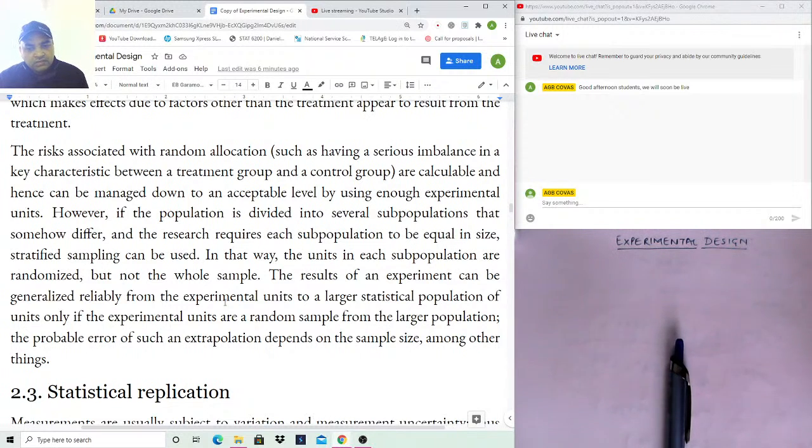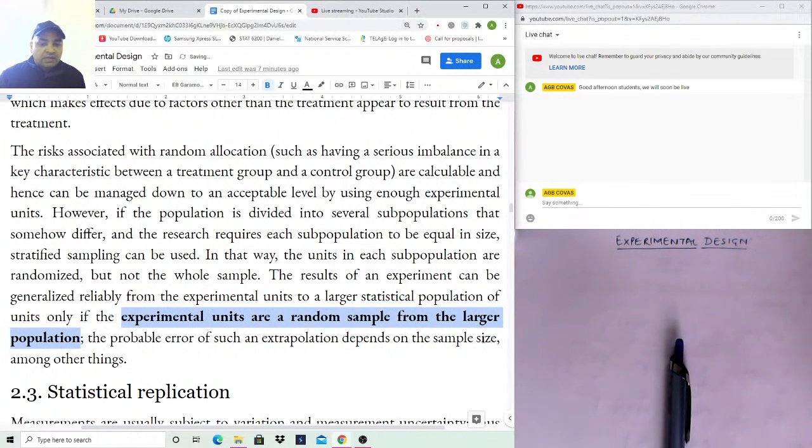So the results of an experiment can be generalized reliably from the experimental units to a larger statistical population of units only if the experimental units are a random sample from the larger population. That is, you should have the experimental units chosen at random from the larger population.